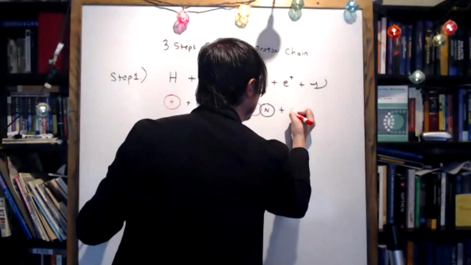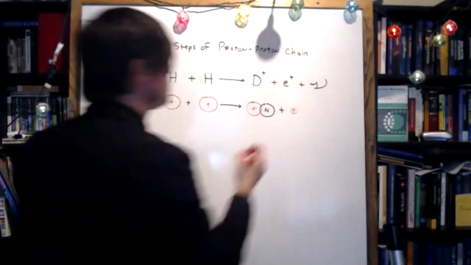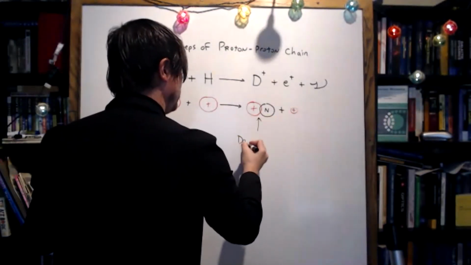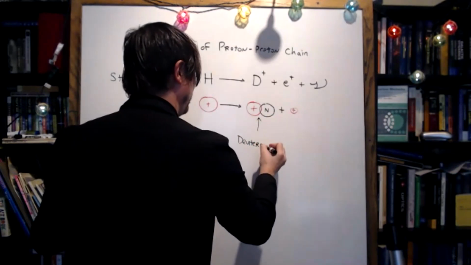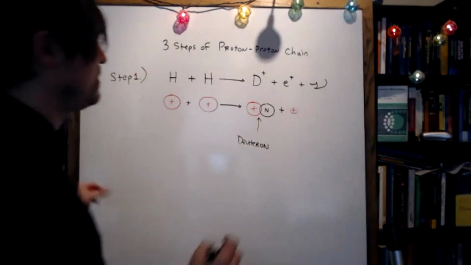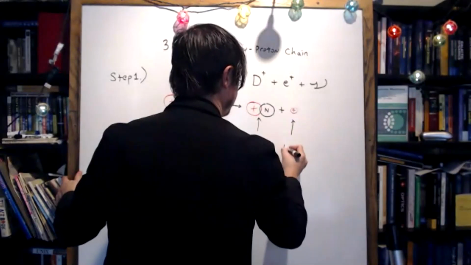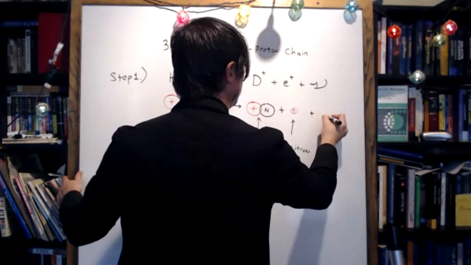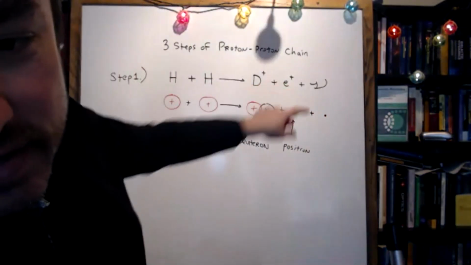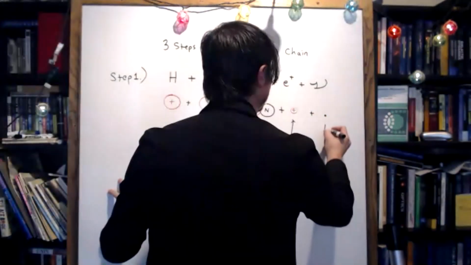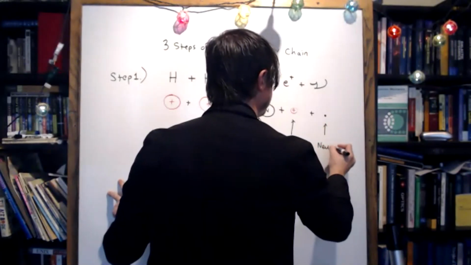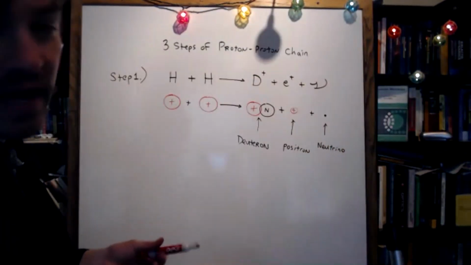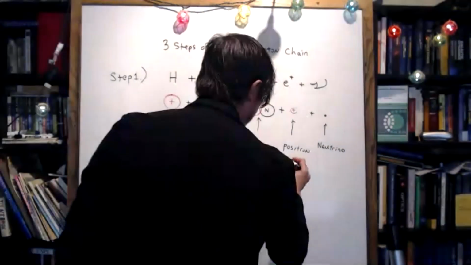So draw a little tiny positive charge. This is called a deuteron, and this is called a positron. And this little particle here is a microscopic massless particle known as a neutrino. A positron is an example of antimatter.